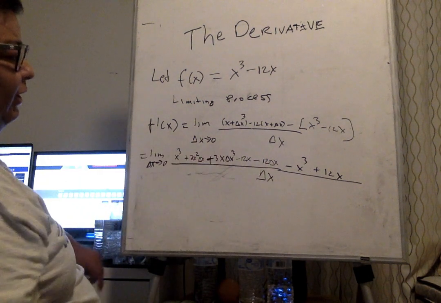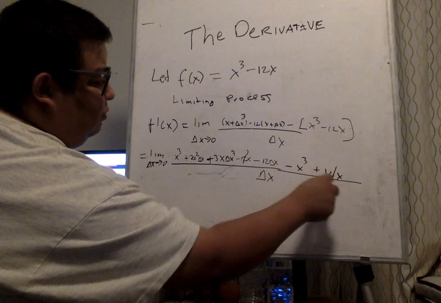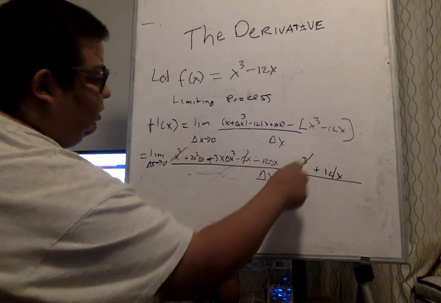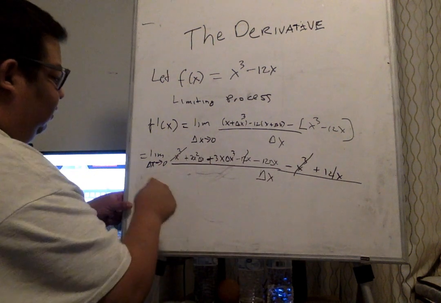Notice now we can combine like terms. This one goes with this one, this one goes with this one, and all we're left with is the rest.